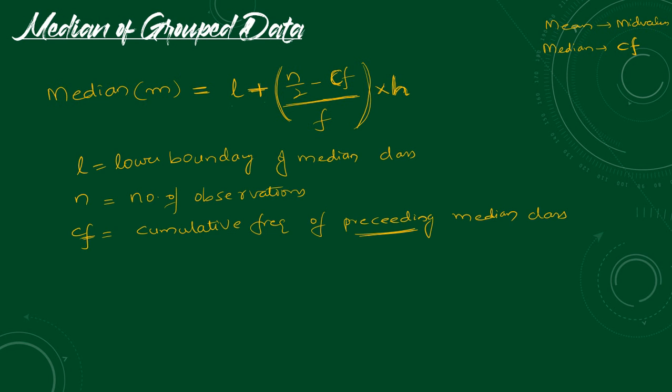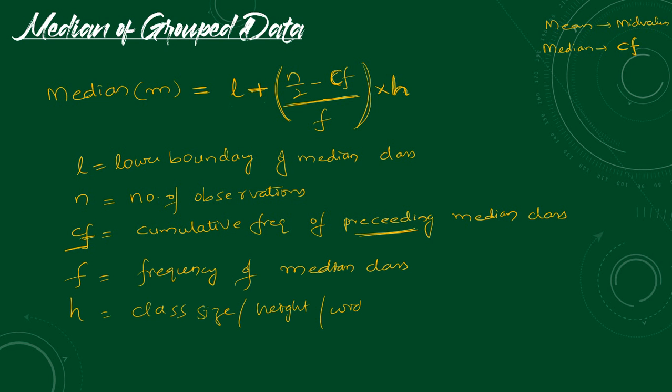Preceding means before, so the cumulative frequency before the median class we are going to consider here. Next, F is the frequency of the median class. These all are the notations, and we have H. H you already know, we can call it class size or class height or class width. These are different names for the H value, right?